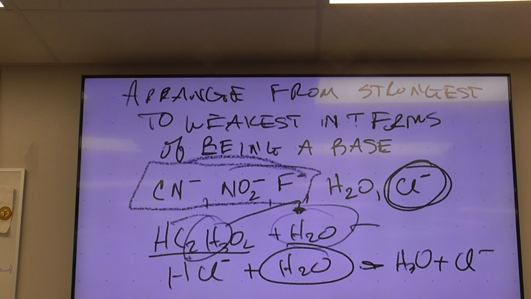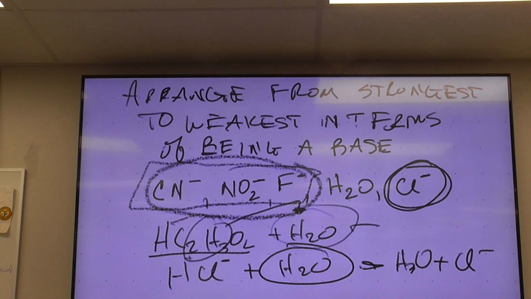So these at least have the capacity to be a decent base because they are the conjugate bases off of weak acids. Now, what mathematical number could you look at to figure out which one is going to be the strongest base? Would you look for big Ka values or small Ka values?